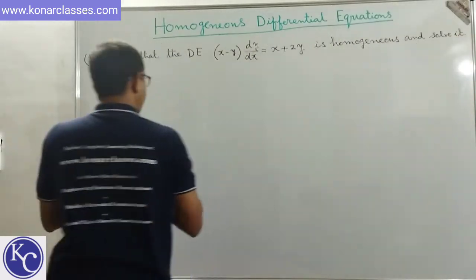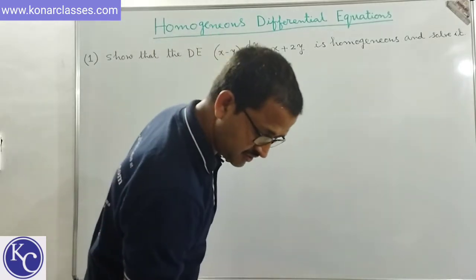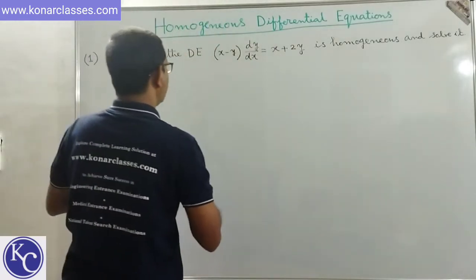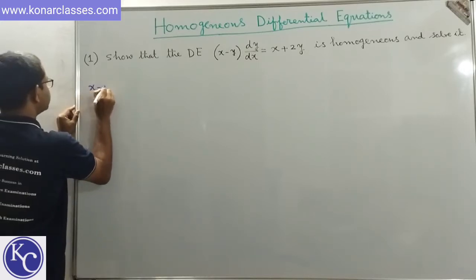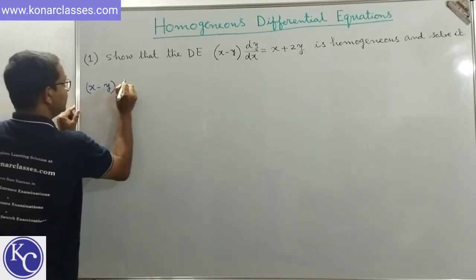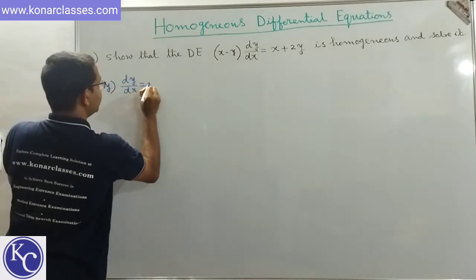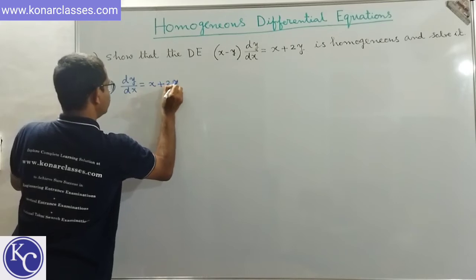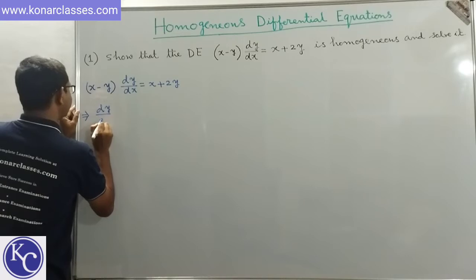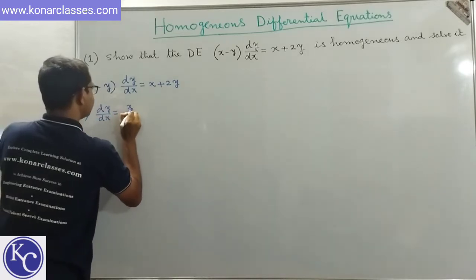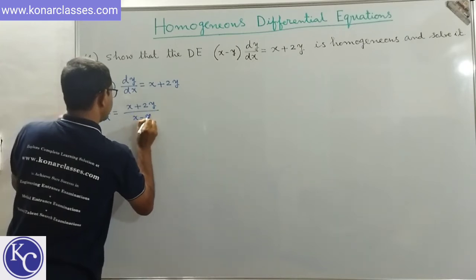So first we need to show that this differential equation is a homogeneous differential equation. So how to do this? From the given equation, (x minus y) dy/dx is equal to x plus 2y, that means we can write dy/dx is equal to (x plus 2y) divided by (x minus y).